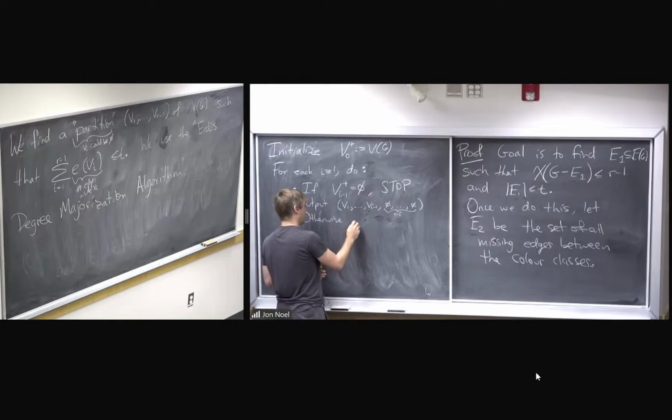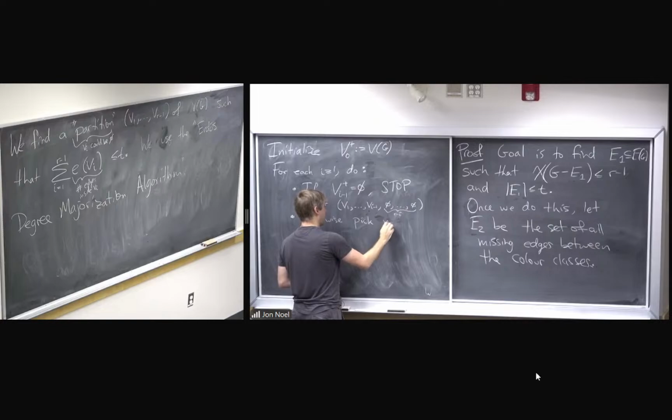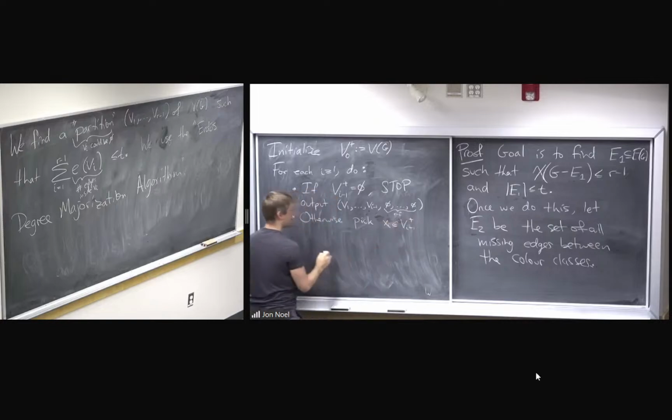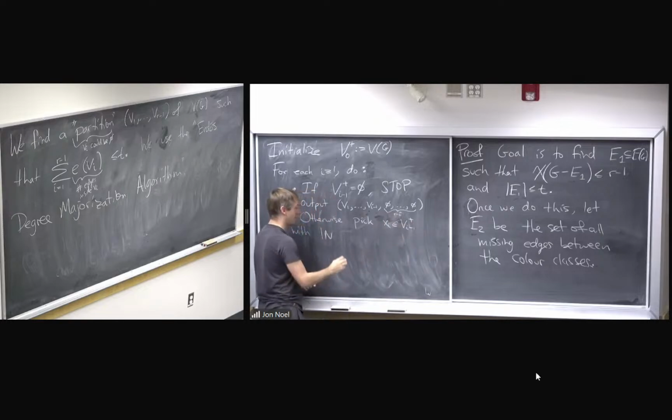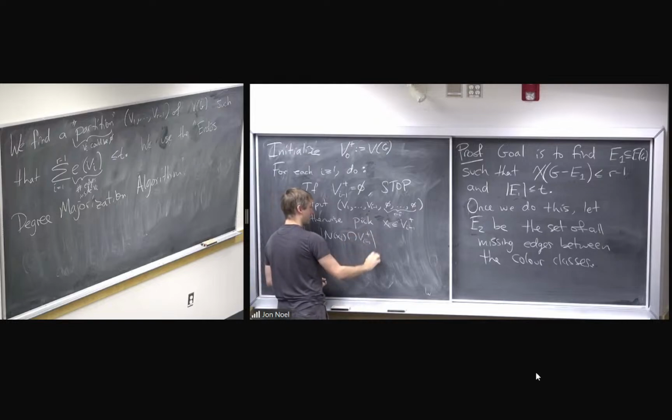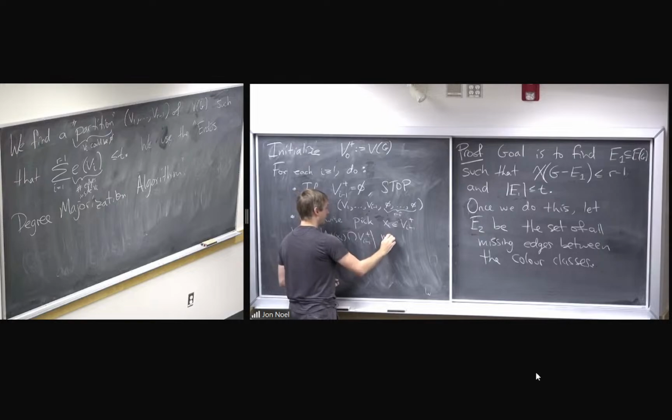So pick, let's say, x i in V i minus 1 plus with biggest neighborhood within V i minus 1 plus. So the neighborhood of x i intersect this set is as big as possible.